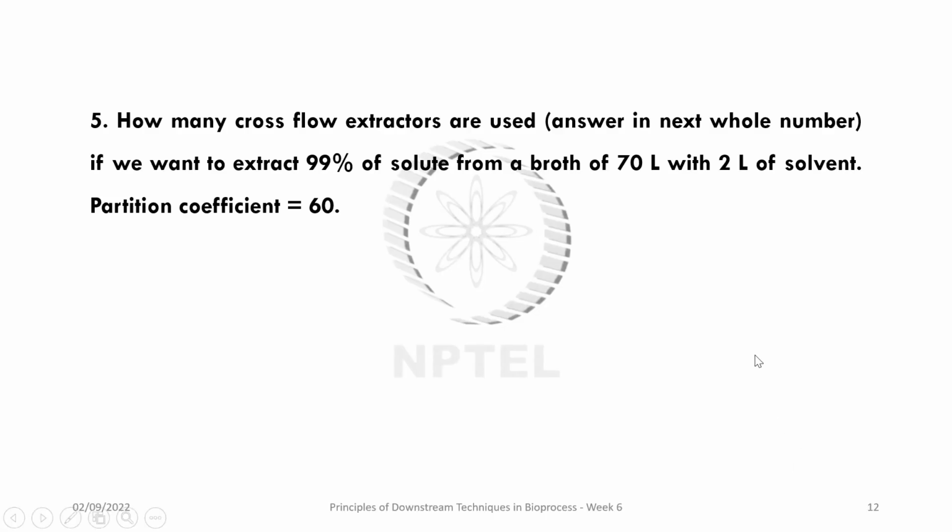Okay, this is the question. How many cross flow extractors are used if we want to extract 99% of solute from a broth of 70 liters with 2 liters of solvent and a partition coefficient of 60? Again, take a minute.